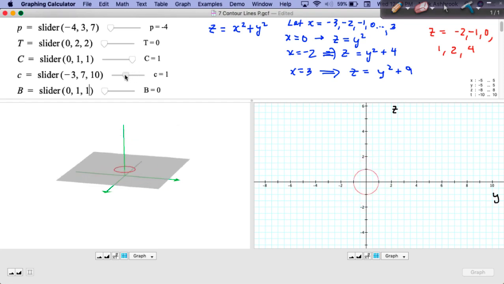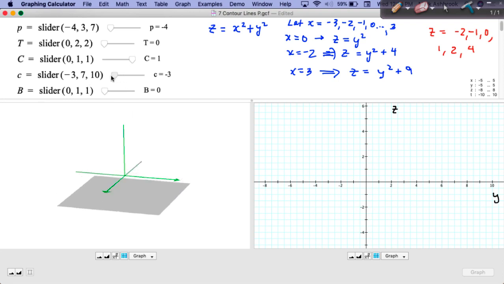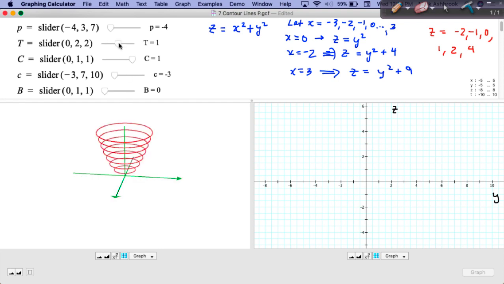Just the point, the origin. And when z is negative, you got nothing, right? So if we put all those together, it looks something like that. These are the traces that you get for constant z values.